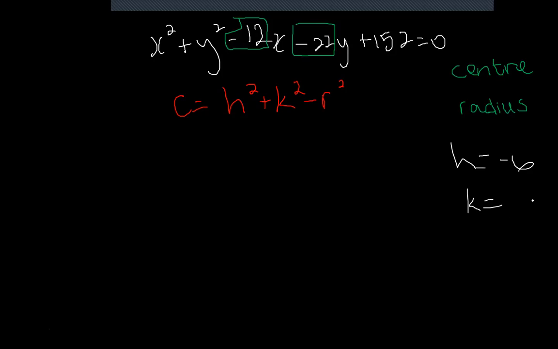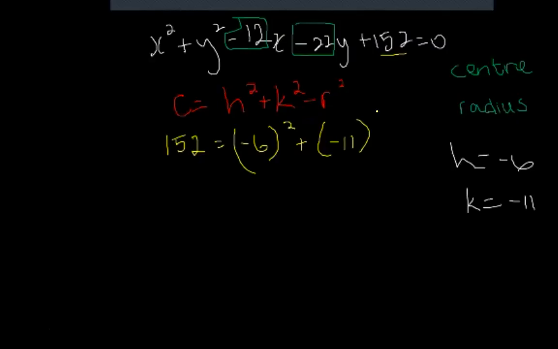And k was equal to minus 11. c in this case is 152. So 152 is equal to minus 6 squared plus minus 11 squared minus r squared. What we're trying to do now is find r, the radius.